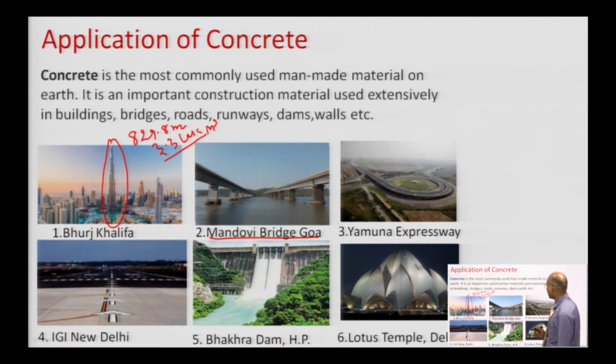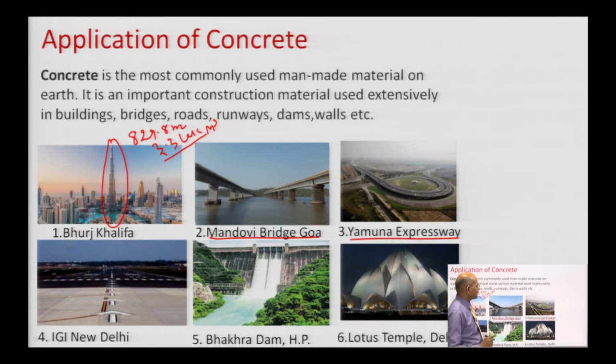So we have to be careful while designing structures, because selection of material is very important. Small to medium span bridges are constructed with reinforced cement concrete or pre-stressed concrete.